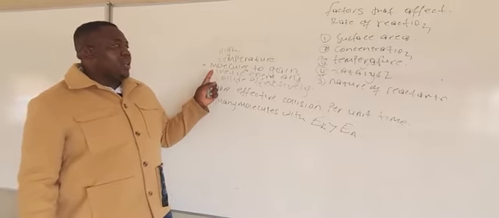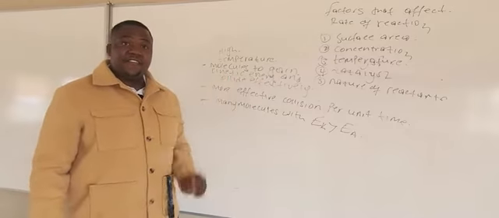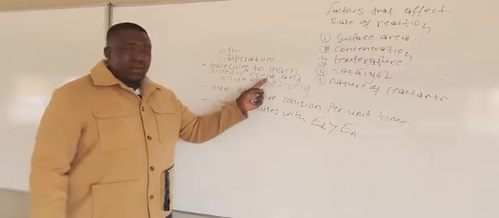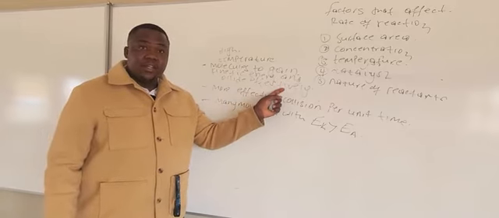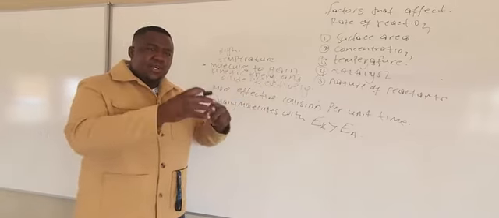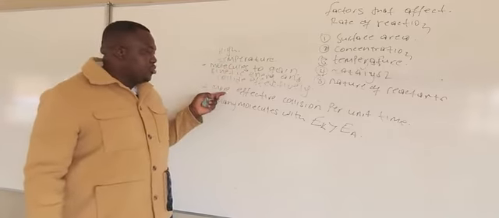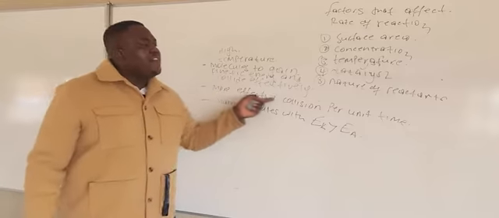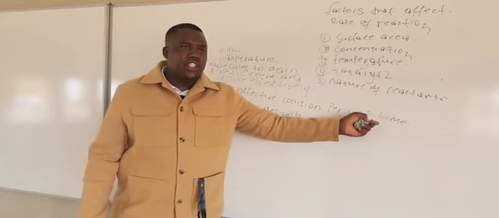So what did you do? When the temperature is high, molecules will gain kinetic energy and collide effectively. Then when molecules gain kinetic energy and collide effectively, what will happen? It means you'll have many molecules which have got high kinetic energy and are colliding effectively. What does it mean? It means that there will be more effective collisions per unit time. Why do we have more effective collisions per unit time?